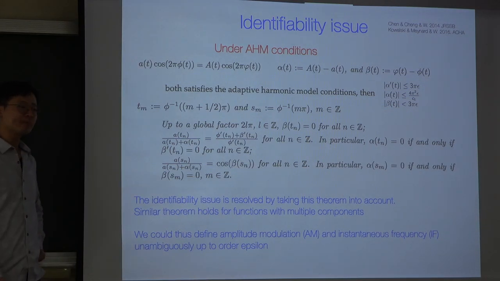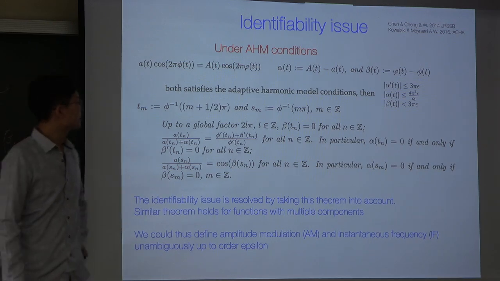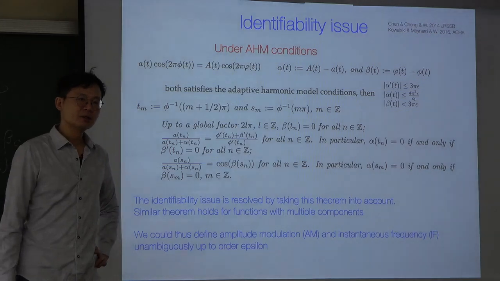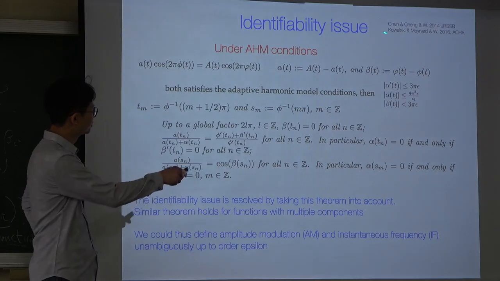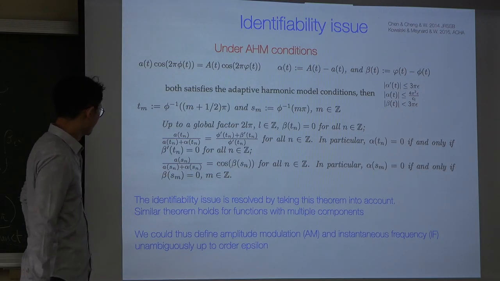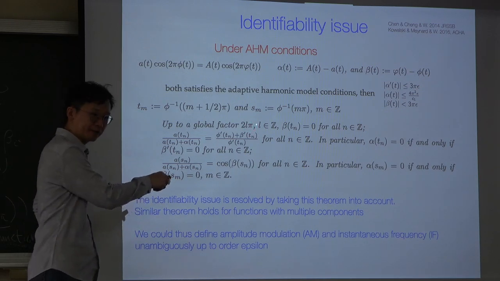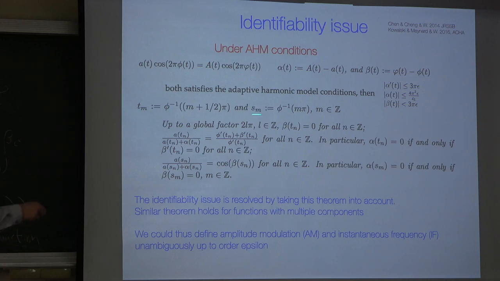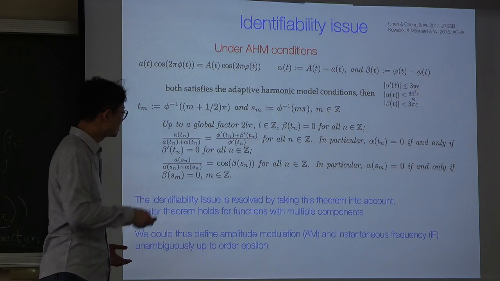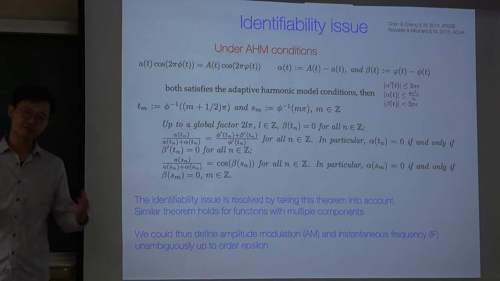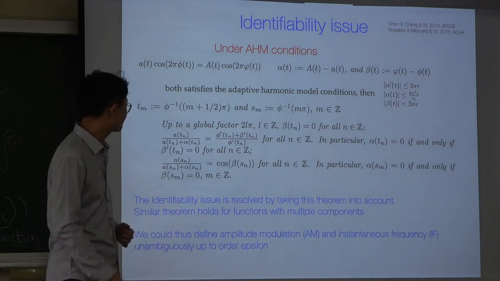And I assume, again, that both of these representations satisfy the adaptive harmonic model conditions. Then what we can show, and I will not go through the proofs, but you can check them in the paper, is that up to a global factor 2L pi, the phase and the amplitude of both components are almost equivalent, and they are different only up to an error of order epsilon.